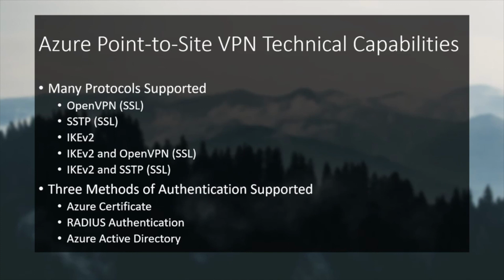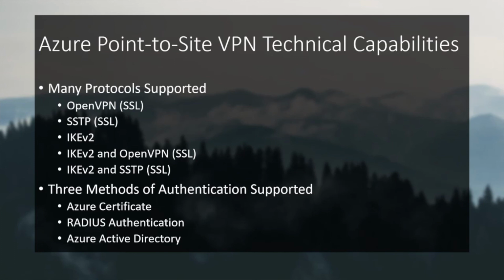So we'll talk about the point-to-site VPN technical capabilities, what protocols and authentication methods it supports. The point-to-site is fairly robust, just as most point-to-site VPNs are, or client access VPNs, if you're familiar with that name. It can work with the OpenVPN protocol, which is SSL-based, SSTP, IKEv2, and IKEv2 in combination with the other two protocols.